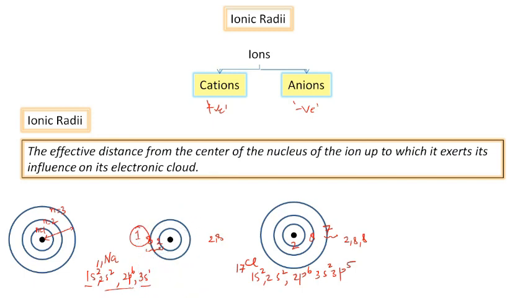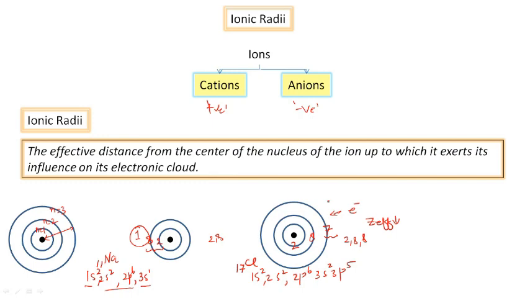However, in chlorine one electron is added to the outermost shell and therefore its Z effective decreases and electron repulsion increases.